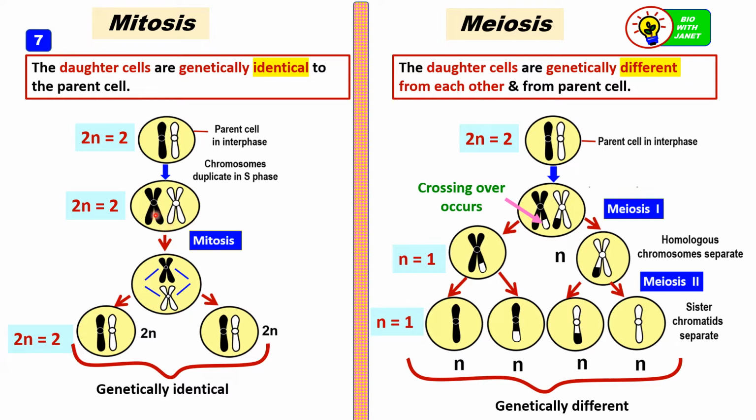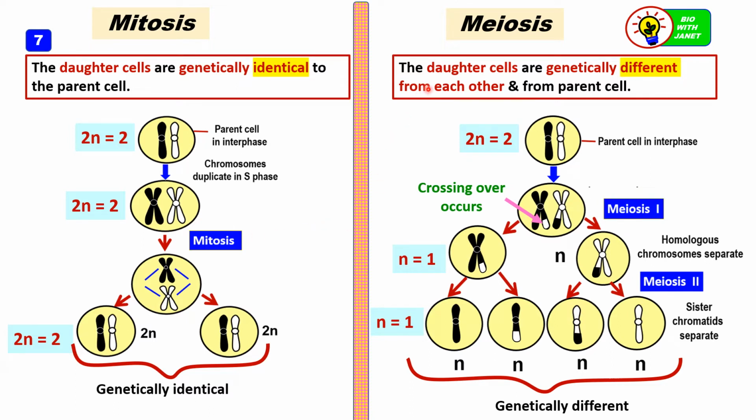So during anaphase of mitosis, the two sister chromatids that are genetically identical separate and move to opposite poles. Therefore, the cell will have the same type of chromosomes. Okay, because when chromosomes duplicate in S phase, the two sister chromatids formed are genetically identical to each other.